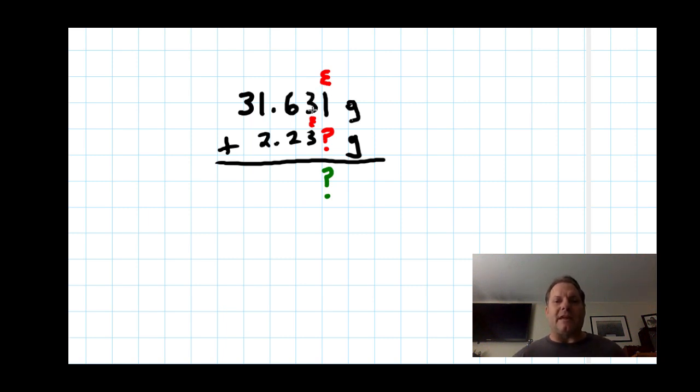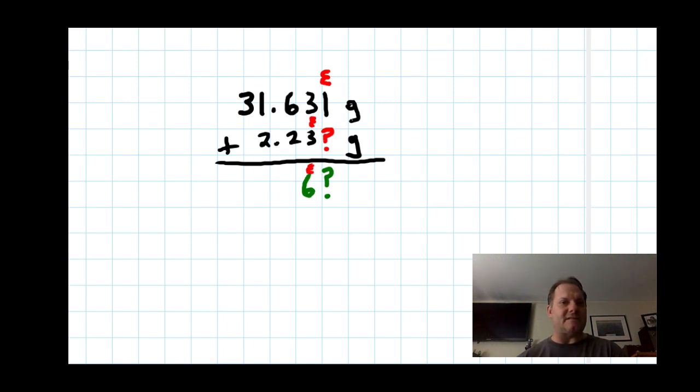What is 3 plus an estimated 3? So 3 plus somewhere around 3, that would be somewhere around 6, right? That's a little estimate right there.